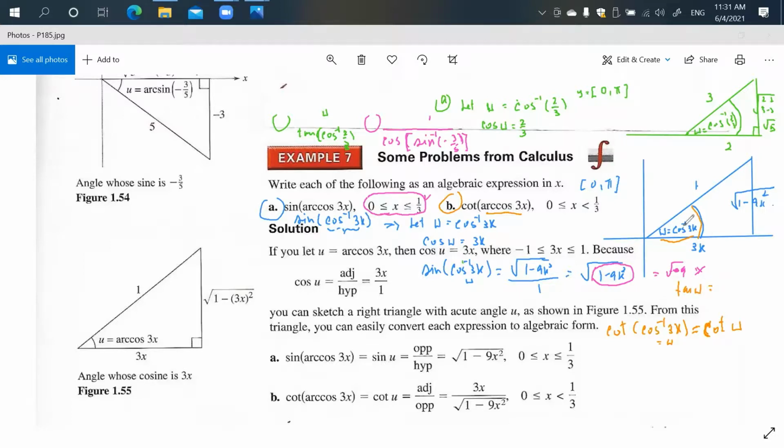Tangent u is what? Tan is opposite over adjacent. So you have square root of 1 minus 9x squared over 3x, right? Then cotangent is the reciprocal. So this is going to be 3x over square root of 1 minus 9x squared. That's it. This is the final answer.